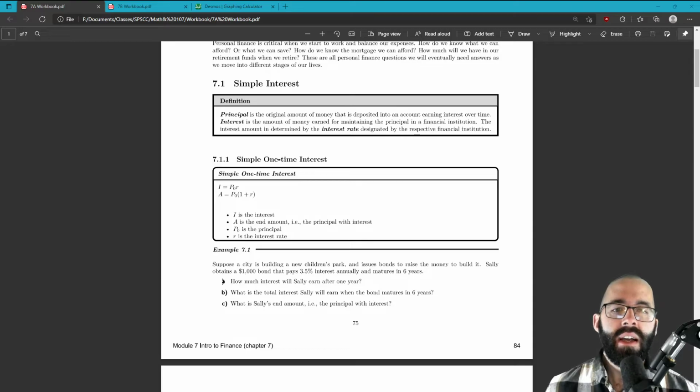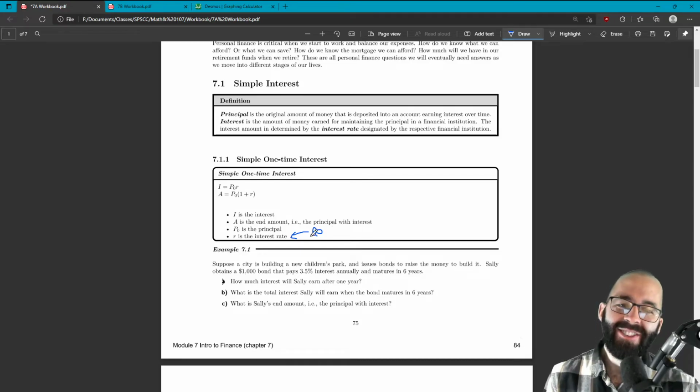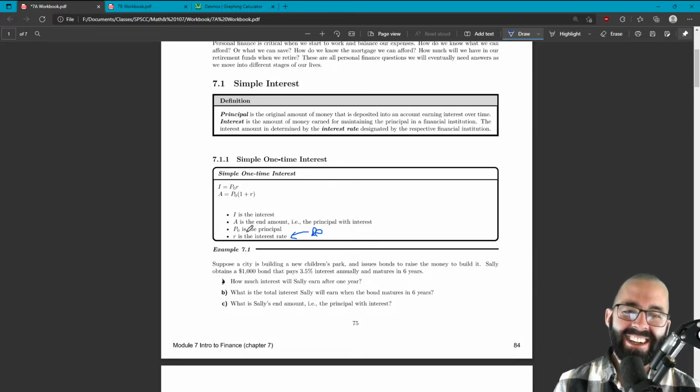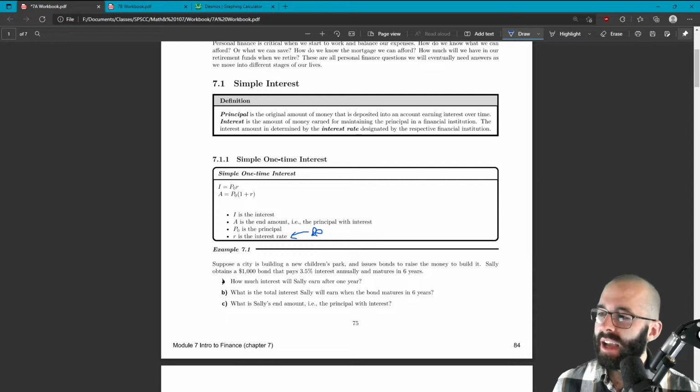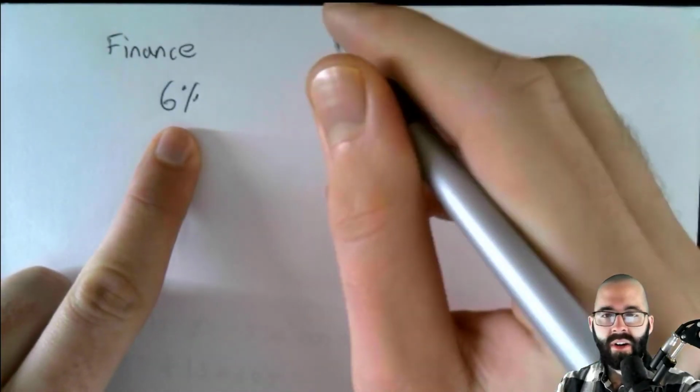interest rate. And a very, very important thing that you can either write here or you can write down here is that the interest rate always needs to be a decimal. I'm not writing decimal by hand because I can't. But you write decimal right here in your notes. The interest rate has to be a decimal. So a lot of times, right, we'll say, oh, interest rate is 6%. But this is not our R value.